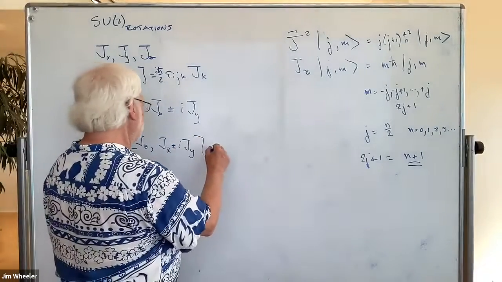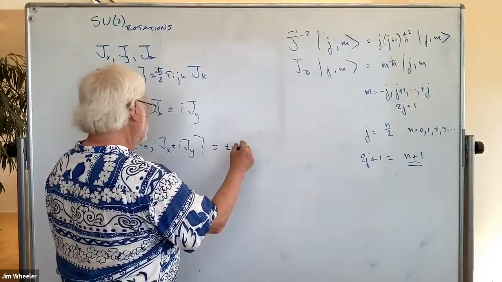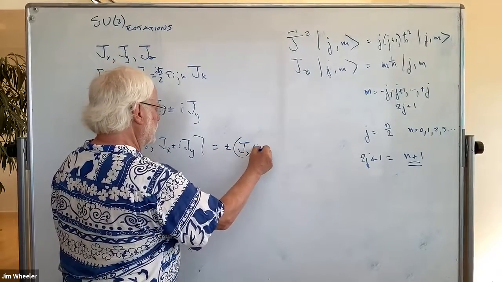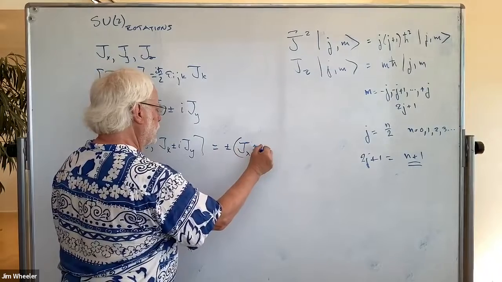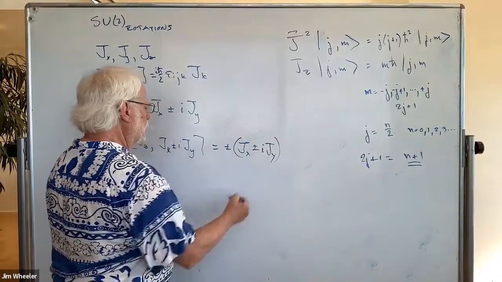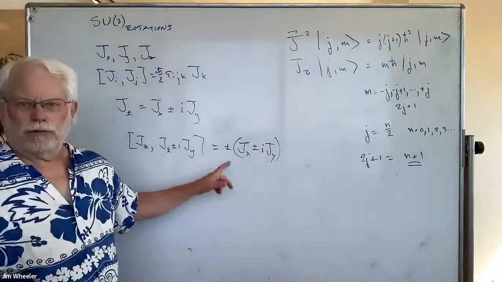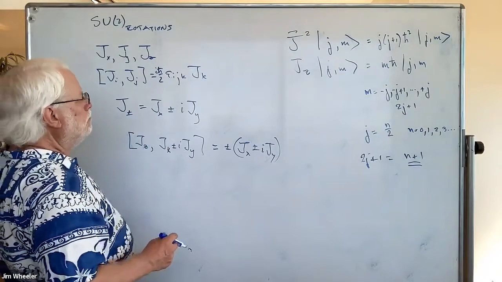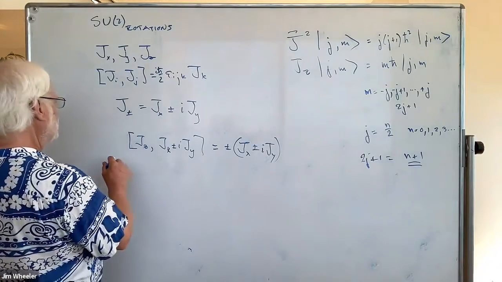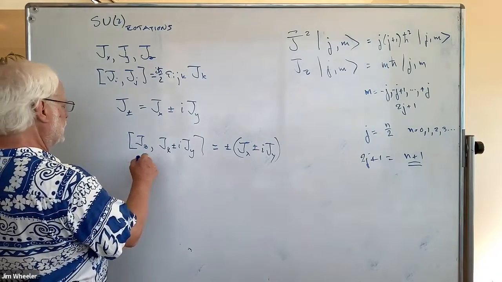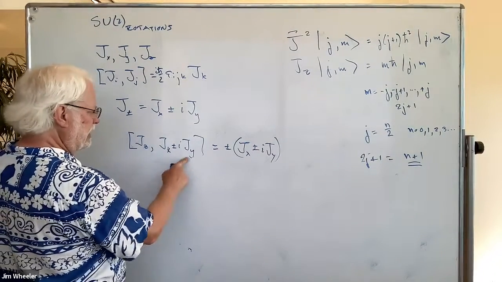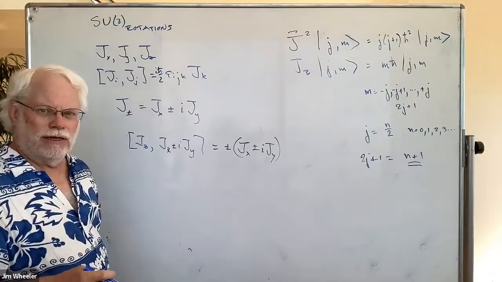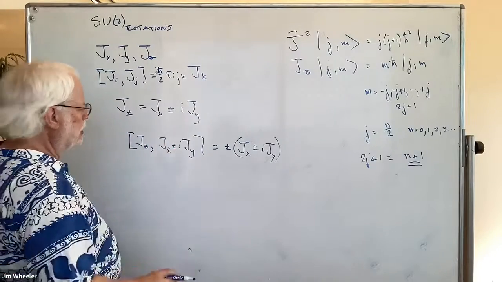And this turns out to be plus or minus JX plus or minus IJY. So it comes back to itself with a plus or minus sign. And those can't change J, because all three of these commute with J squared. So J squared doesn't get changed by this.